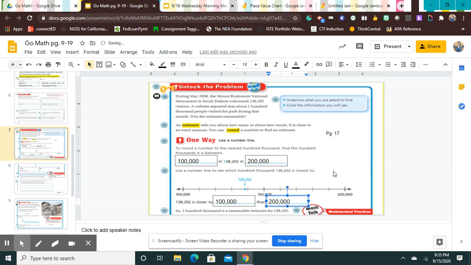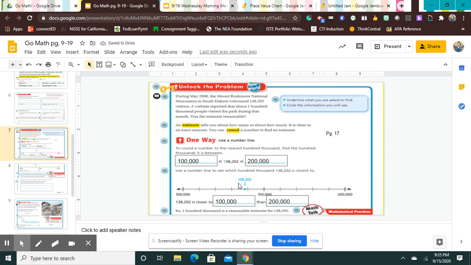Our neighbor was just too small. That 138,202, the 3 in that 10,000s place, that was 4 or less. So we had to rest. We had to stay with the 100,000 that we already had. We did not have enough to go over to the 200,000.